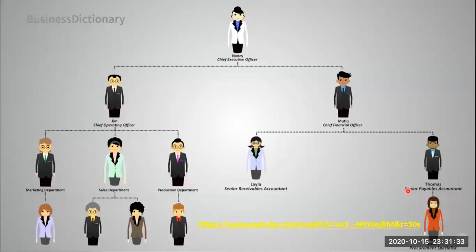Okay, so now we're going to watch this video. It's only a 2 or 3 minute video, and we're going to see and listen to how they organize this company. It's kind of easy now that I'm showing you; you can understand the video a lot better. We're going to hear about Nancy, Jim, Mutlu, and other departments like marketing, sales, production, senior receivable accounts, which is some vocabulary we probably studied last year, senior payable accounts, etc. Are you ready for the video?